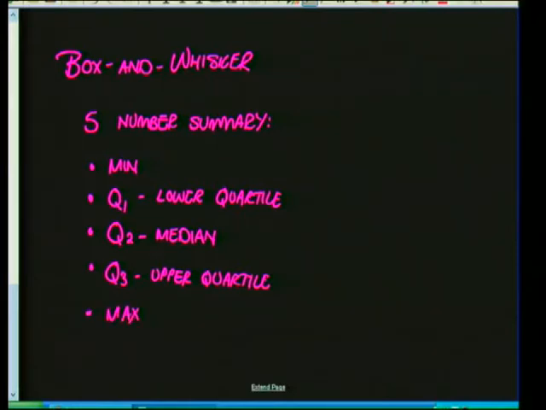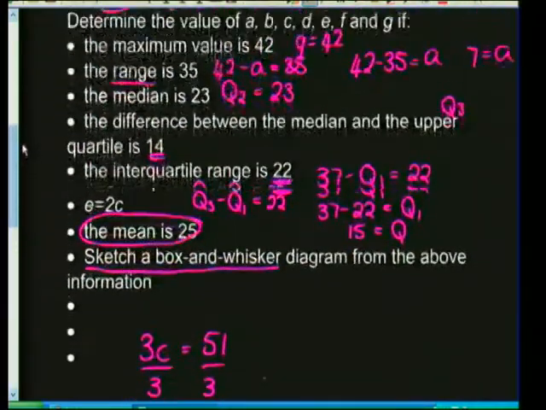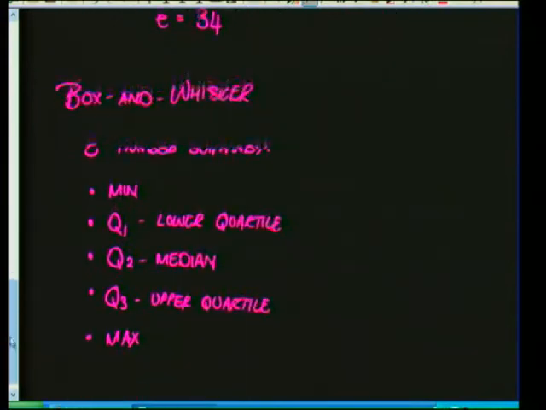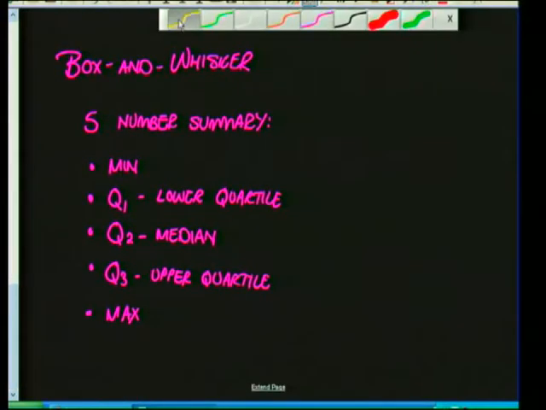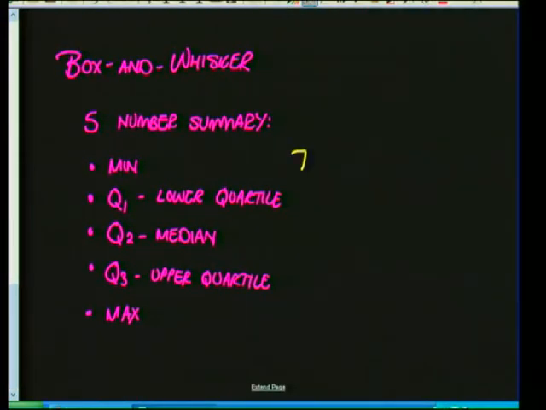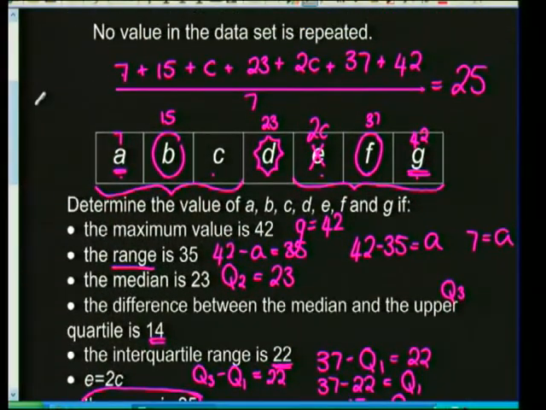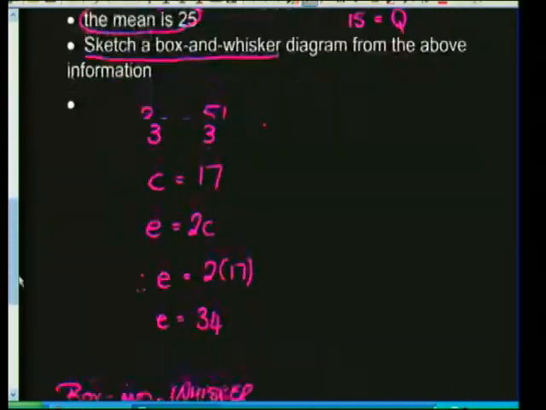Okay. The minimum value in our data set, remember, was 7. The maximum number is 42. So let's fill that in over here. So we've got 7, which is the minimum, and I've got 42, which is the maximum. My Q1, Q2, and Q3 are 15, 23, and 37.